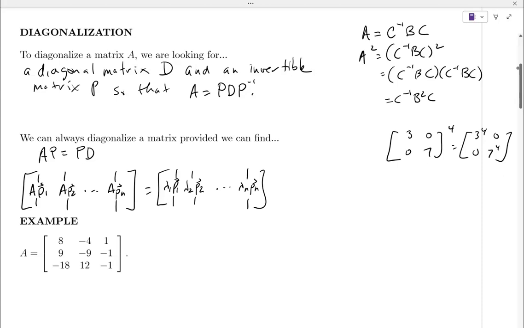Looking at that equation, what had better the lambdas and the P's be relative to A?